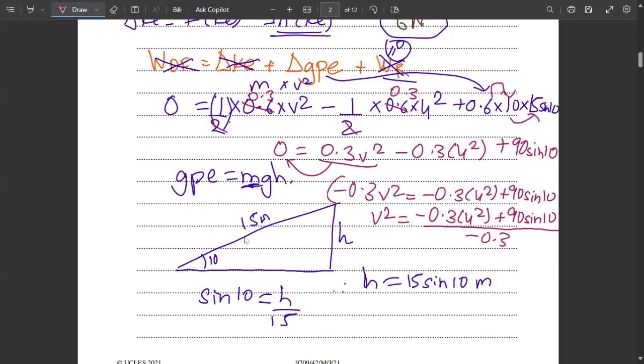And as this minus 0.3 has gone down, this v square can also become root. So the entire root v. So if I put this in the calculator, minus 0.3 bracket 4 square plus 90 sin 10, answer upon minus 0.3.